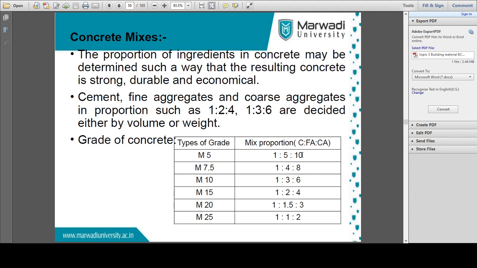So we will get the third proportion of coarse aggregate as 5 into 2 is 10, 4 into 2 is 8, 3 into 2 is 6, 2 into 2 is 4. So similarly we will get all mixed proportions. So you need to cram this entire table under concrete mixes.